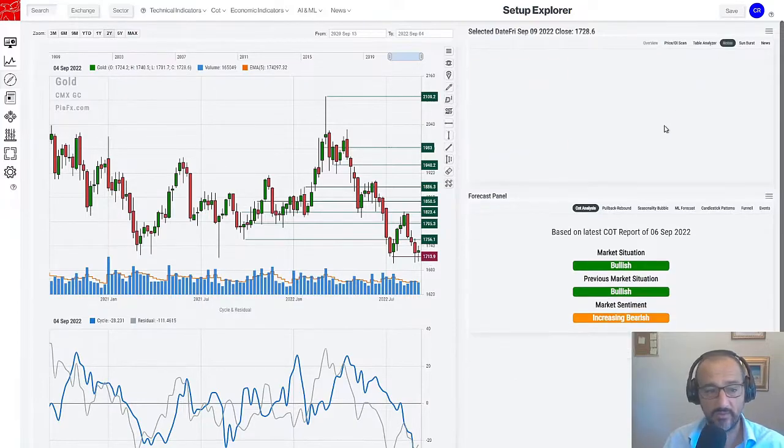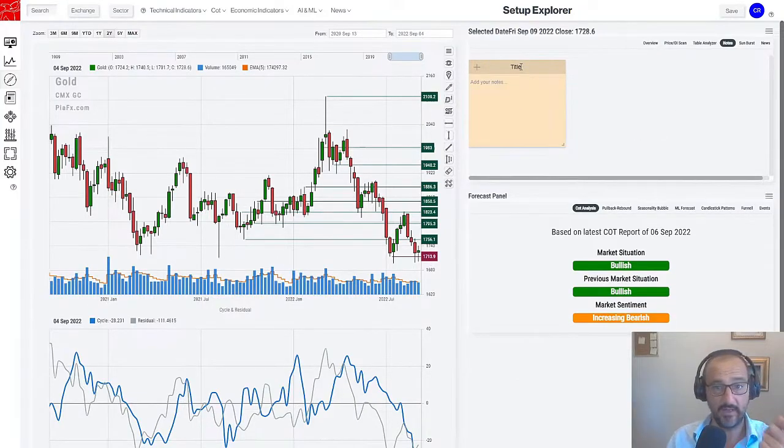We can do this. For example, here we can use the nodes. I advise you to always use nodes. And so we have support and resistance right here. I can make here, for example, 1 year. Okay, support and resistance 1 year, and then I write here, for example, this is our machine learning.